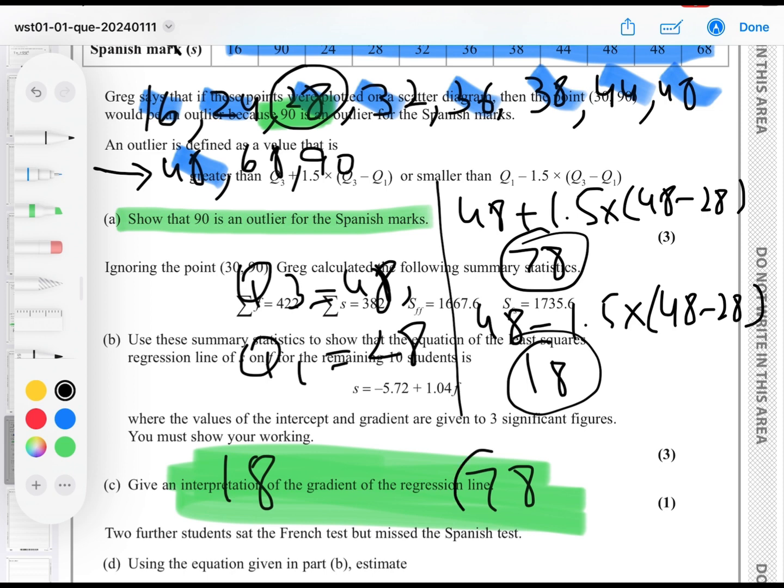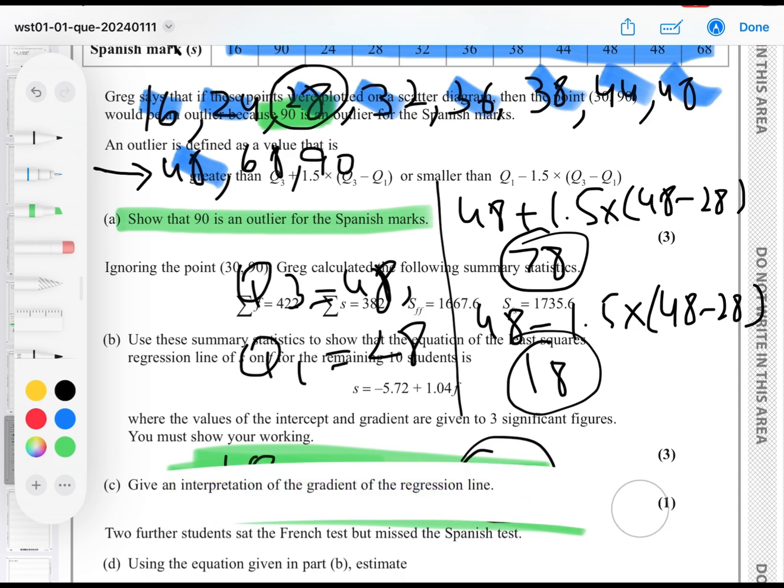So we got 78 by this. If it's an outlier, then it will be greater than 78. Yes, 90 is greater than 78, so it is an outlier.